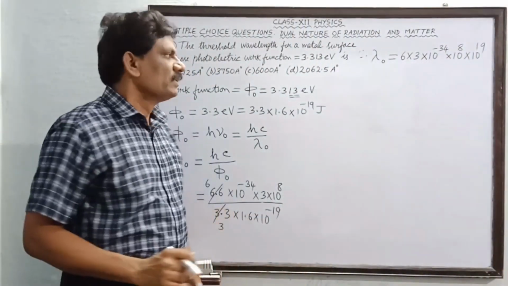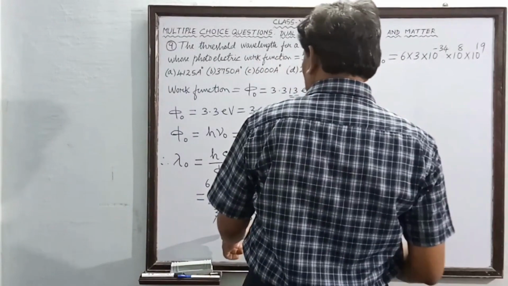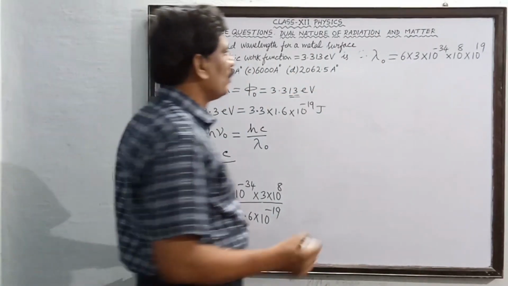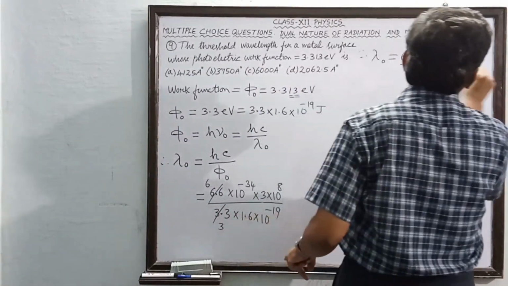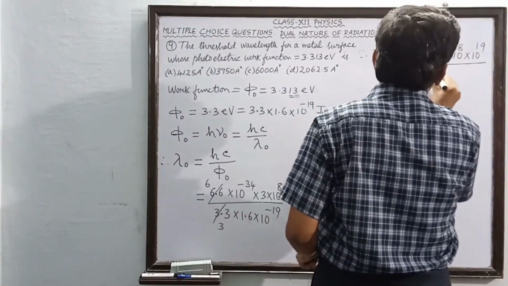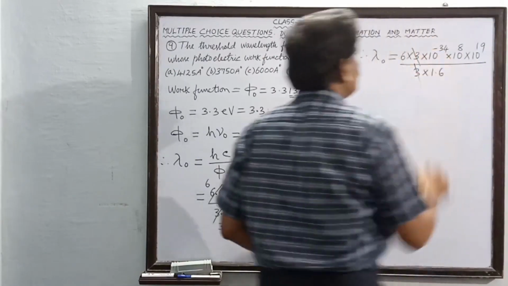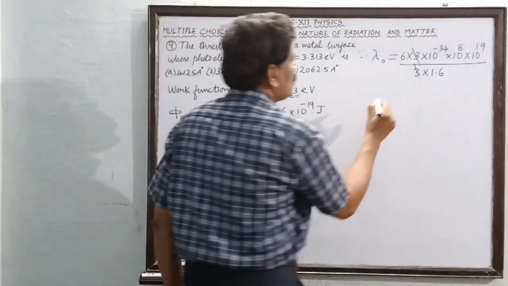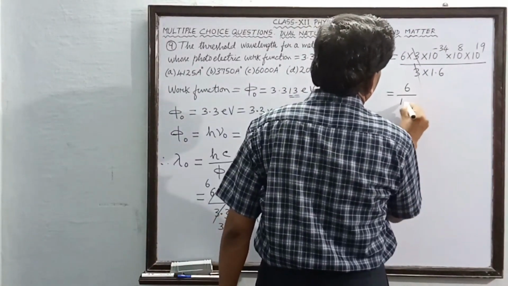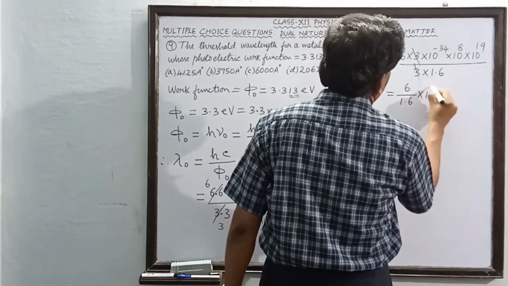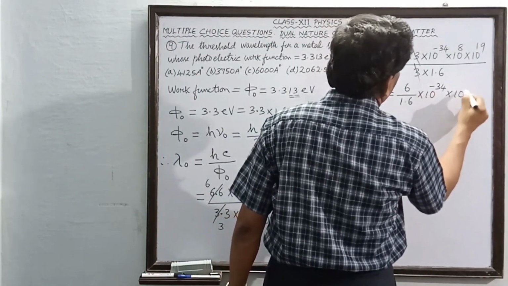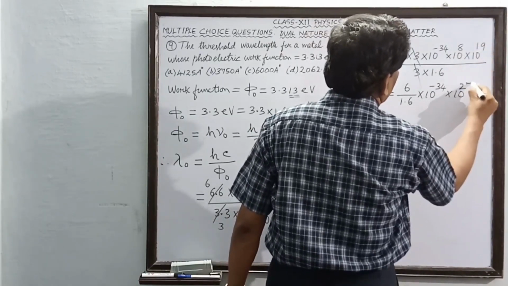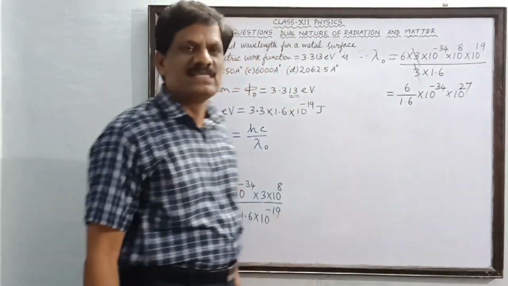Okay, students. So in lambda naught, which number is remaining here? 3 into 1.6 is remaining, so whole divided by 3 into 1.6. These 3 and 3 can be cancelled. The remaining number is 6 divided by 1.6, into 10 power minus 34 into 10 to the power of positive powers you add: 19 plus 8 is 27.